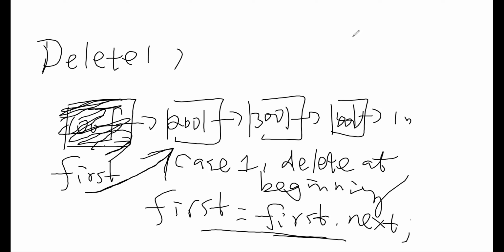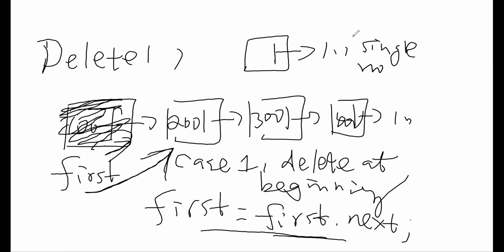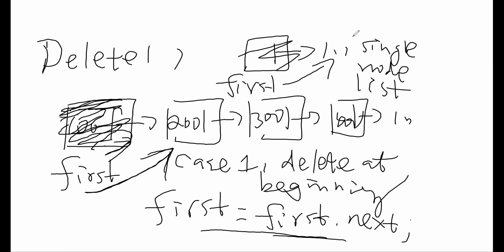Let's take a look at whether it takes care of the single node case. This is a linked list that has only a single node, and you have first. You set first equal to first.next, which is null.